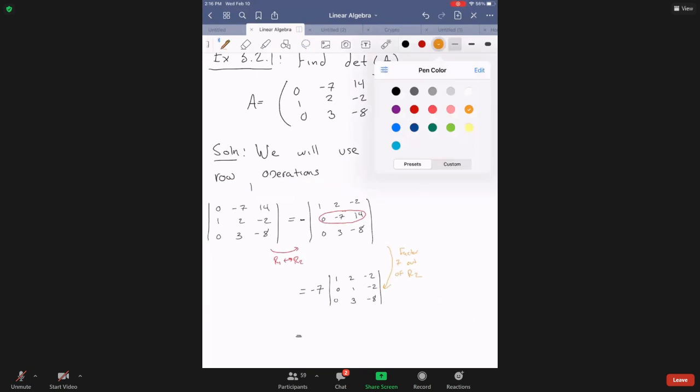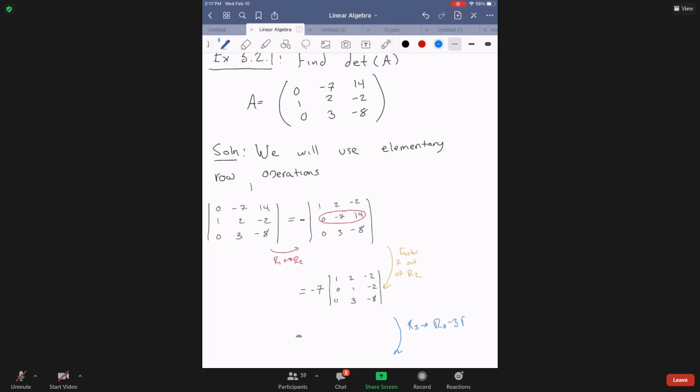So now from here, let me get rid of that 3 by doing another row operation. Row 3 goes to row 3 minus 3 times row 1. And according to the third part, by adding multiples of rows to another, that does not change my determinant. So nothing comes out. I still have this minus 7.